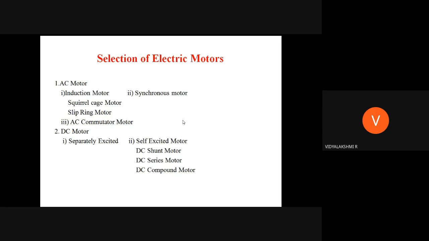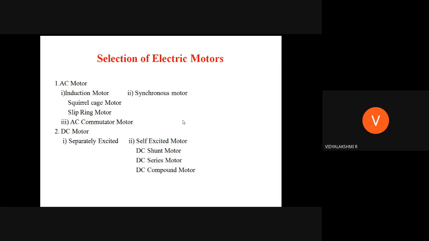In the very basic class I told about the separately excited motor and self-excited motor. In a separately excited motor, I have given a separate supply for the field. But a self-excited motor is excited with the help of the armature. If I'm giving a supply to the load or field, it will be self-excited from the supply.